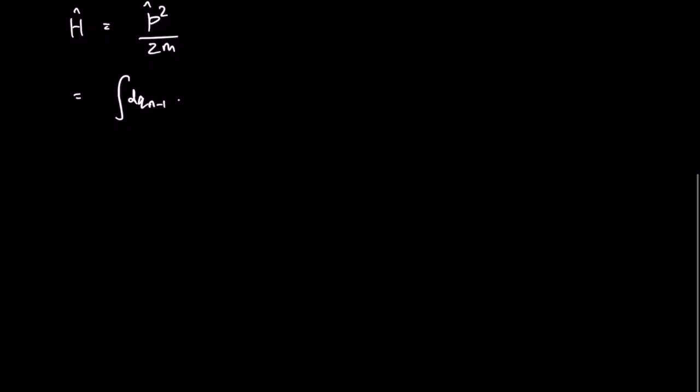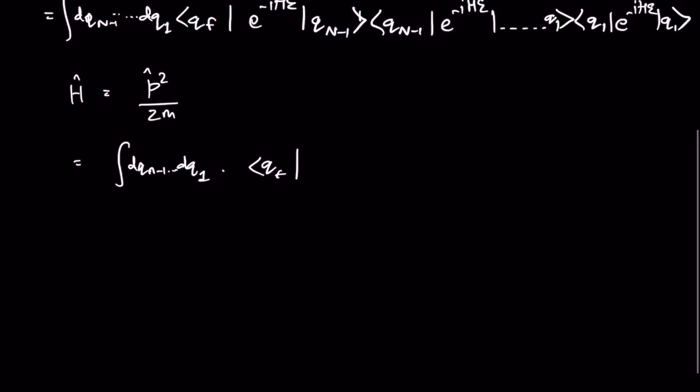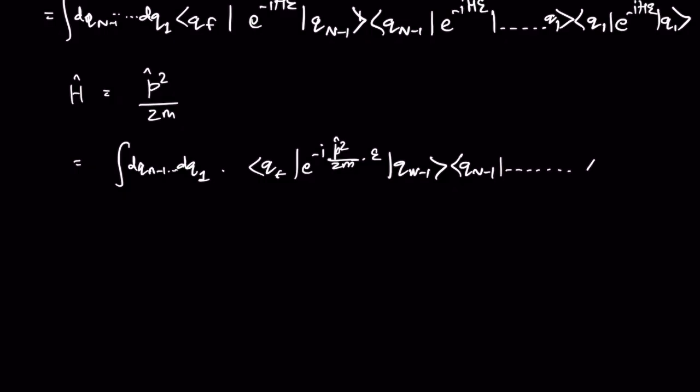So we have the integral dq_(n-1) all the way through dq1, multiplied with the previously derived ⟨qf| e^(-iε p²/2m) |q_(n-1)⟩ and so on, all the way to ⟨q1| e^(-iε p²/2m) |qi⟩. There we go.